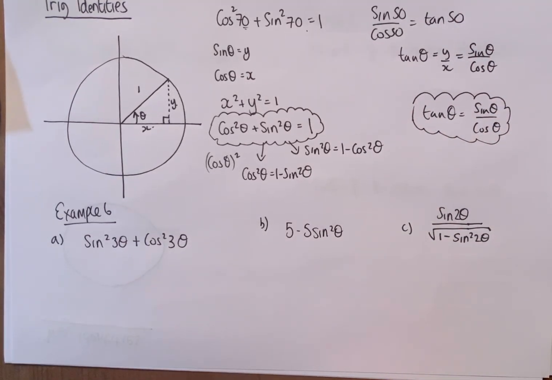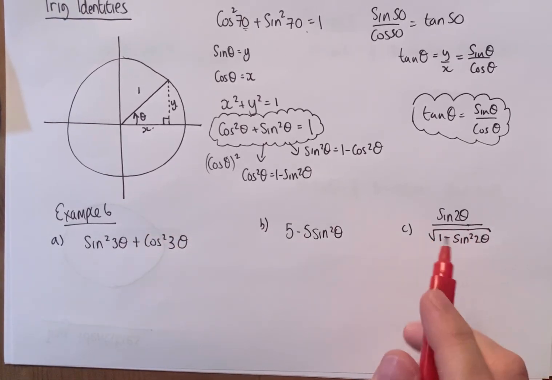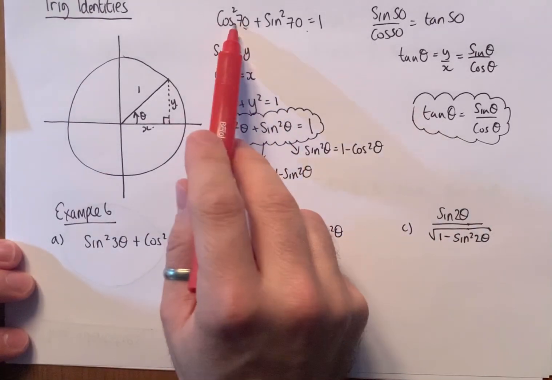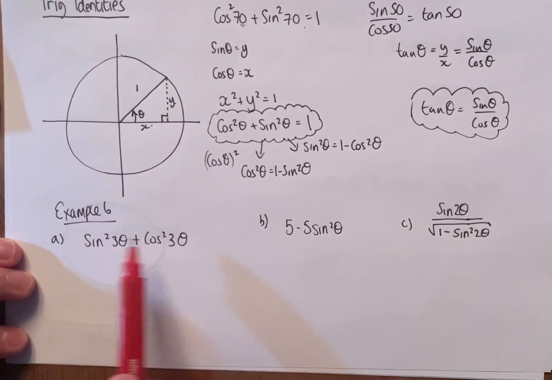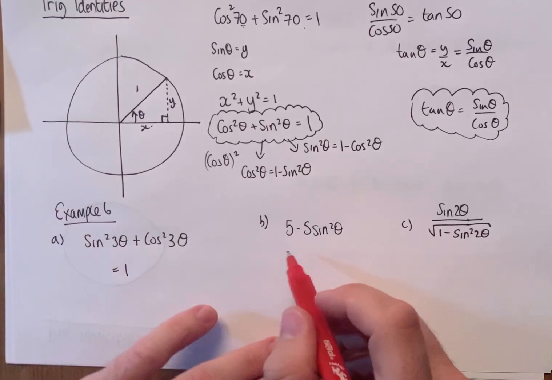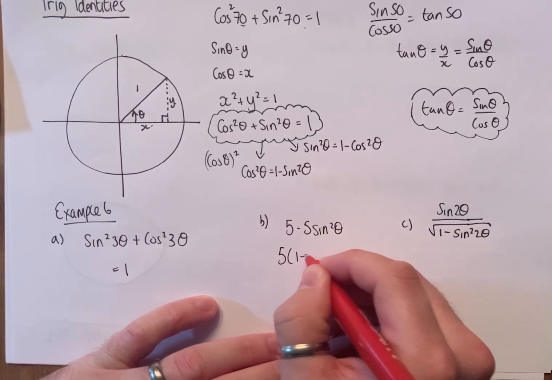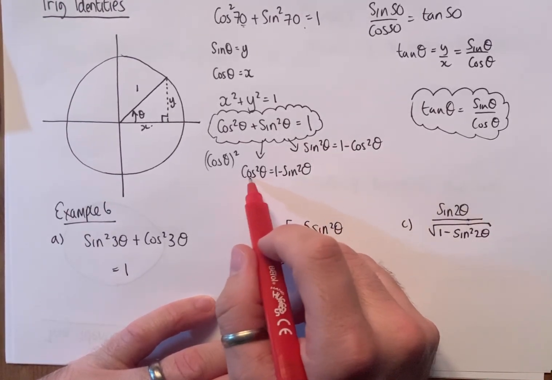Okay, so going on to example 6 then. Now, as I've just said, as long as the angles are the same, this identity will hold. So because I've got 3 theta, that's just simply equal to 1. That's it. Here, factorise 5 out. And 1 minus sine squared is cos squared.